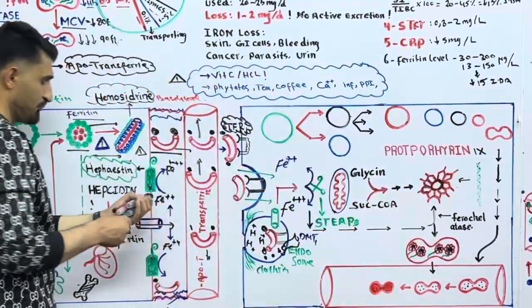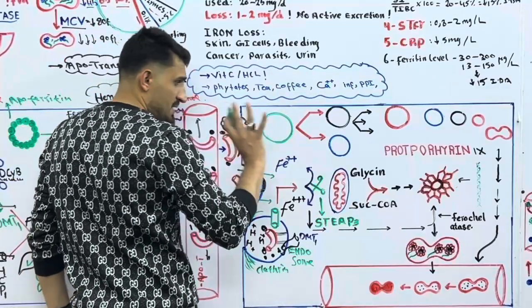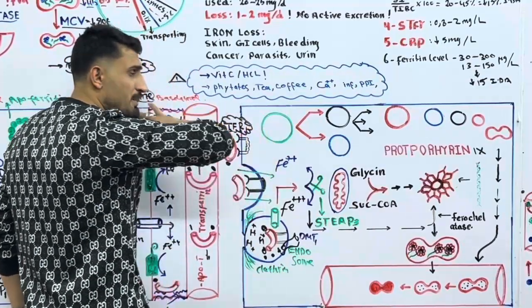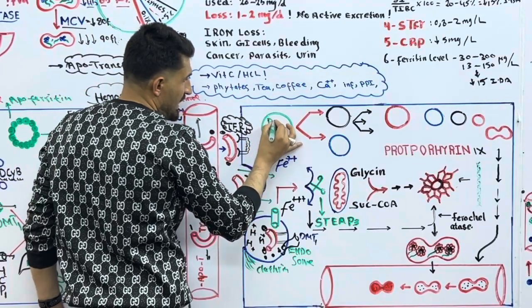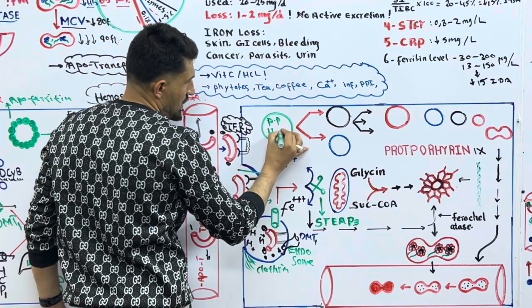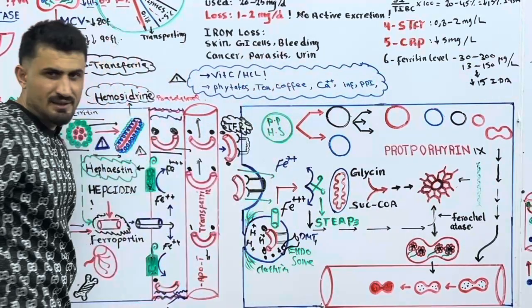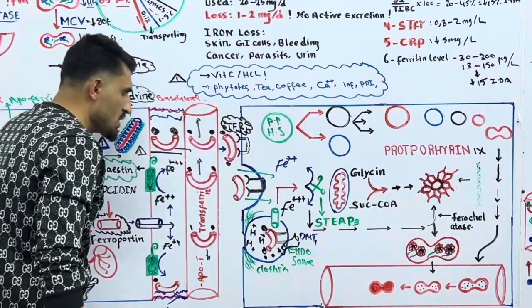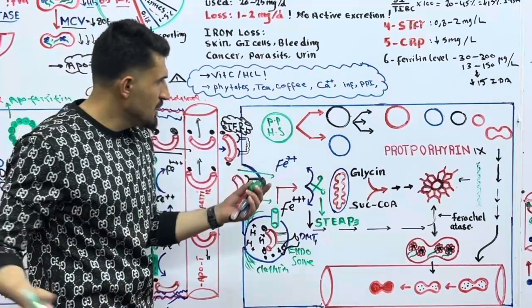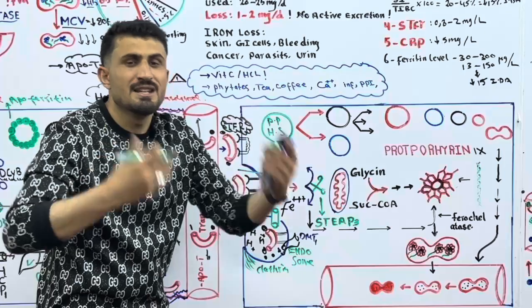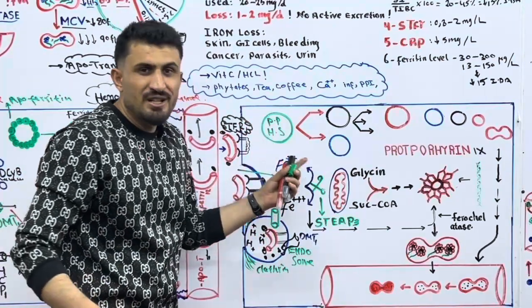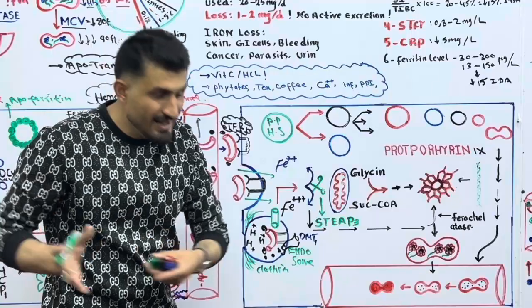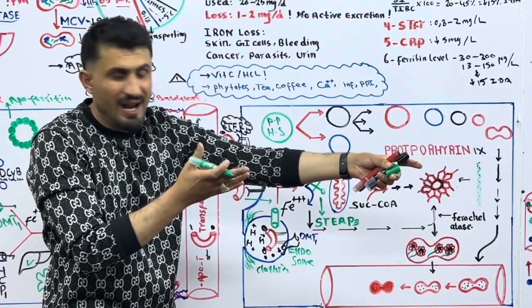But anyway, the first cell in bone marrow which makes all blood cells is called the pluripotent hematopoietic stem cell. Pluri means different, potent means it has the capability to differentiate. Hemato means related to blood.